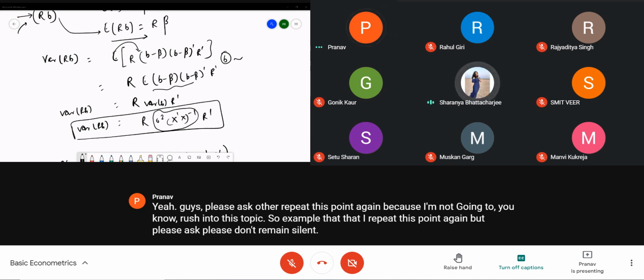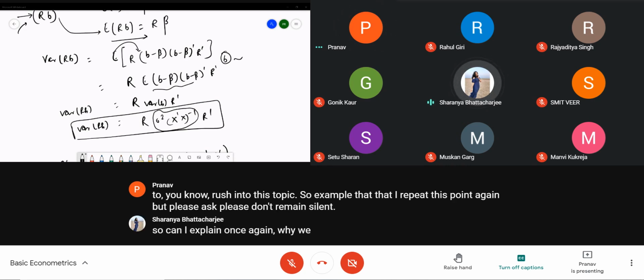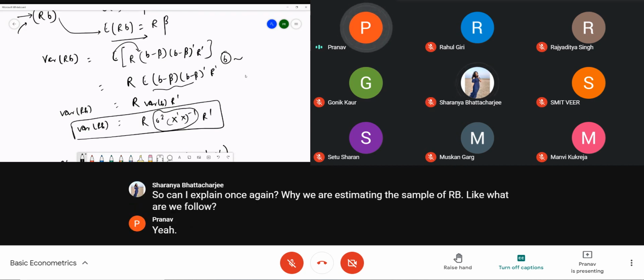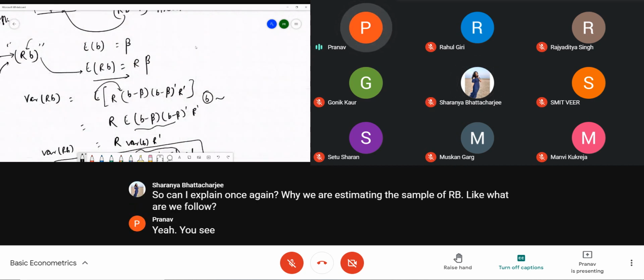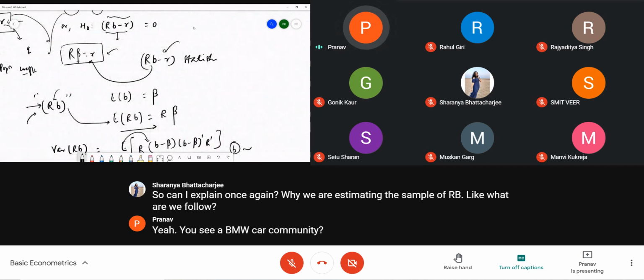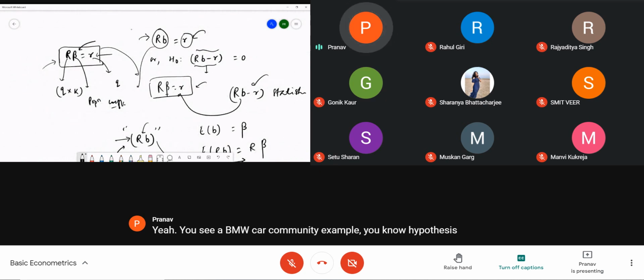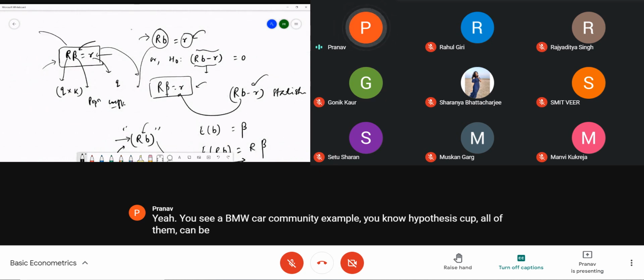Can you explain once again why we are estimating the sampling distribution of Rb, like what Rb follows? You see, whatever null hypothesis tests or examples of null hypotheses we took, all of them fit into this general linear framework. This is just an implicit function form.